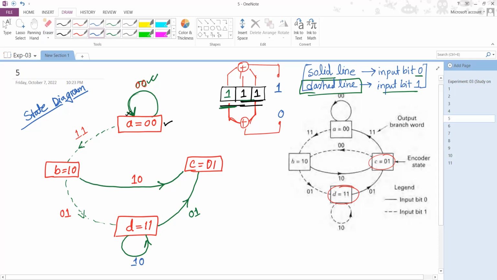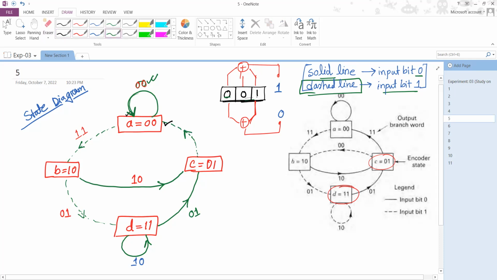Now for the next state, which is our C state, our present state is 0 1, right? So we have 0 1 here. And if I insert 0 first, then from 0 1 it will go to the future state as 0 0. So from 0 1 it will go to the 0 0 with a dashed line.